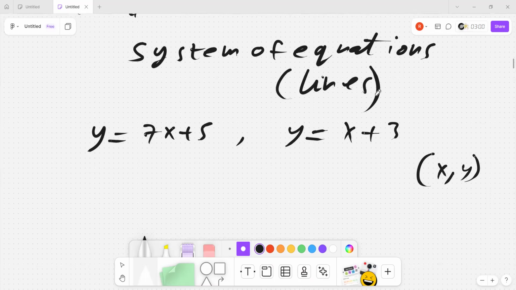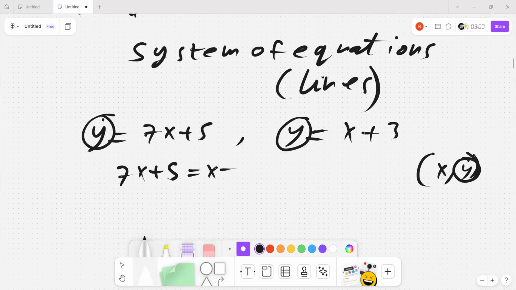So first thing, we have two techniques. The first one is the substitution method. We have y equals 7x plus 5 and y equals x plus 3. So at the x and y coordinate, this y will be this y, so they will be the same at the point of intersection. So we can say 7x plus 5 is equal to x plus 3.